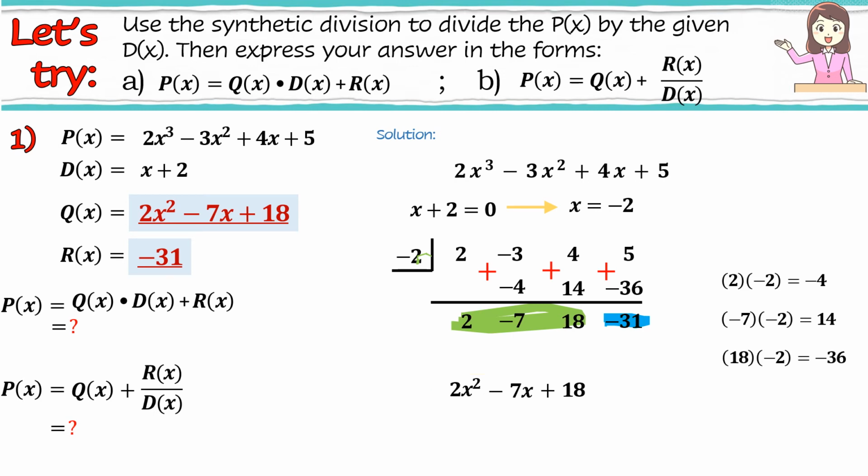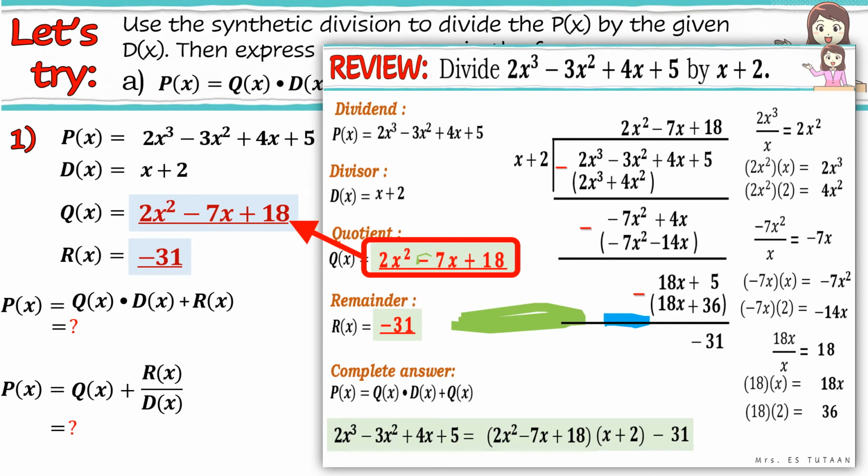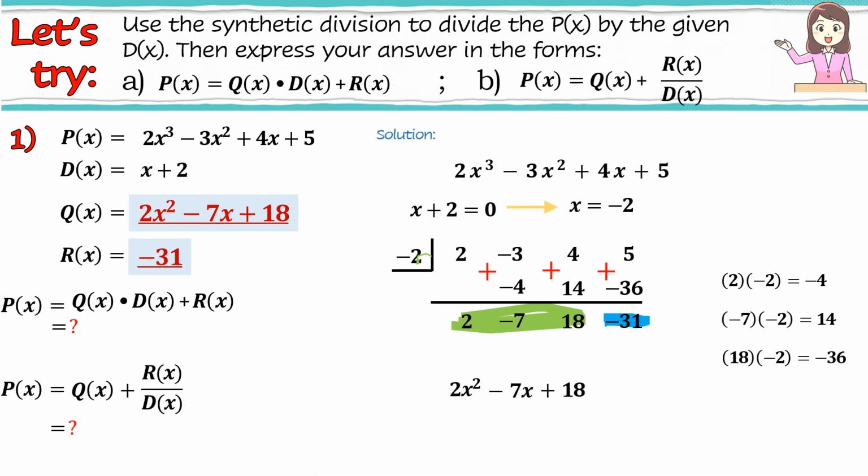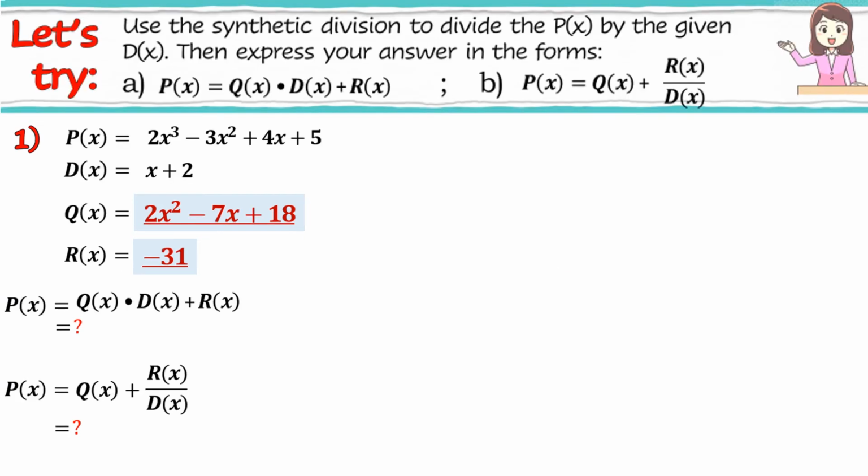Okay? So, we are not yet done. So, check natin sa ating review part kanina. So, pareho naman sila ng solution kanina ng sagot. Okay? So, that means to say we are now going to write our final answer.